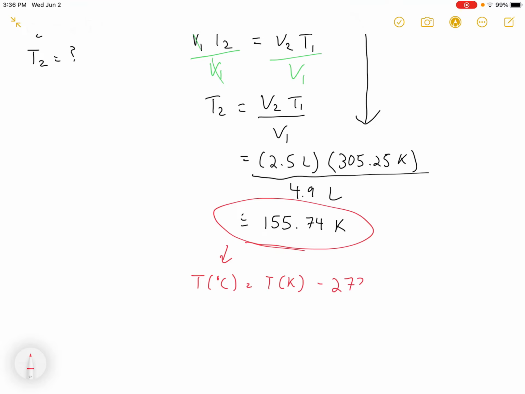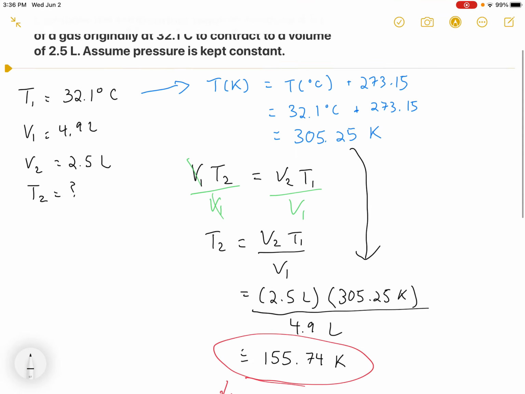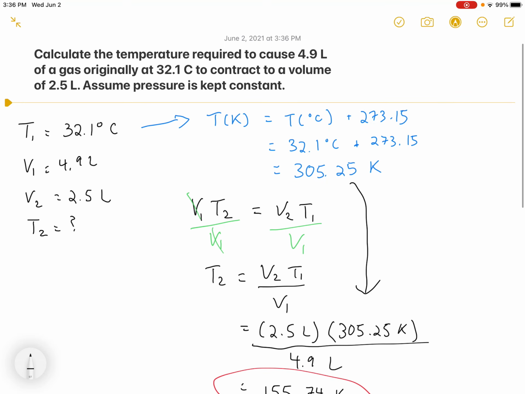And when we want to go from Kelvin to Celsius, then you subtract 273.15. And that tells us the temperature is minus 117.41 degrees Celsius. So that's very, very cold.